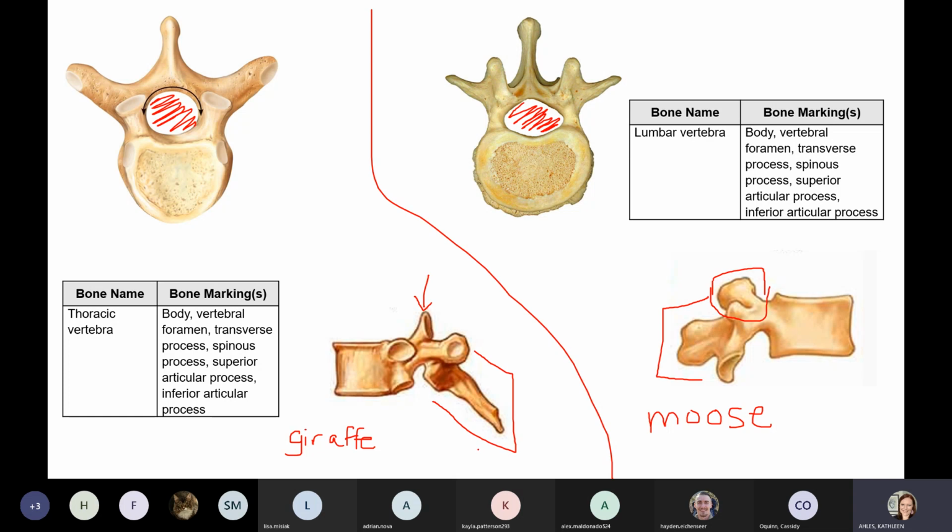If I'm looking from the top down, you'll also notice that this part here, called the body of a lumbar vertebra, is very wide and very thick, whereas the body on my thoracic vertebra isn't quite as large. We can also see on here some places where we would articulate with the ribs. So the thoracic vertebrae also articulate with the ribs, and that's something that makes them different.